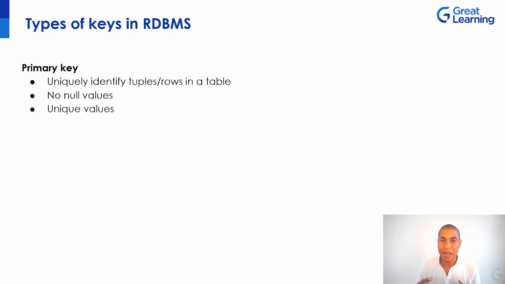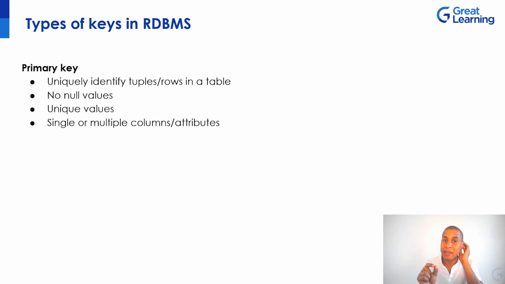Also, the values need to be unique, as we talked about. These can be tuples, or they can be a particular atomic value in that particular column. And like we mentioned, these can be single or composite keys. And we're going to get into that in one moment.